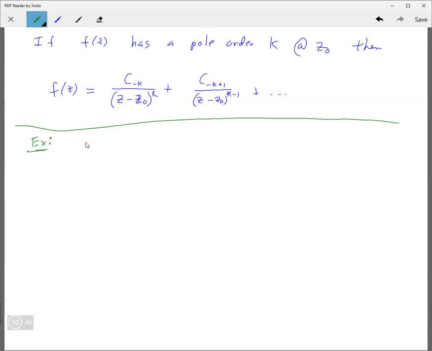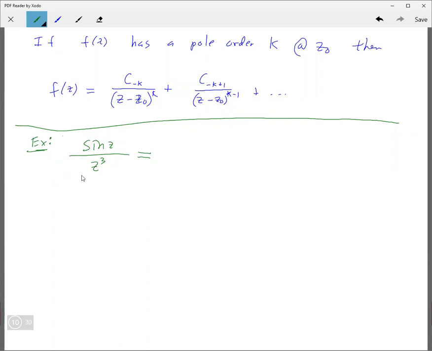So let's suppose we have sine z divided by z to the third power. Now let's say we want to find the Laurent series for that about 0. So what would it lead off with? What would be the first term?